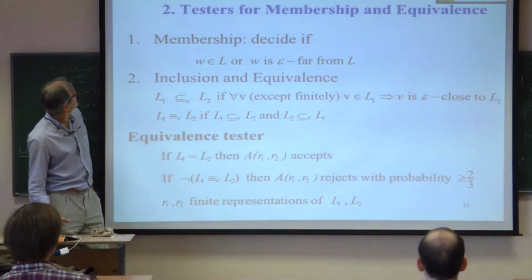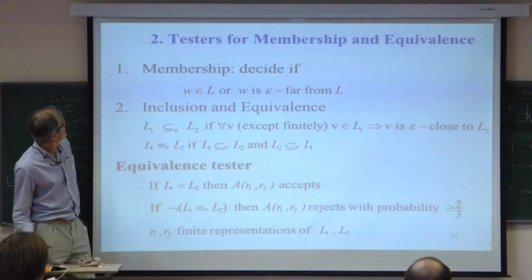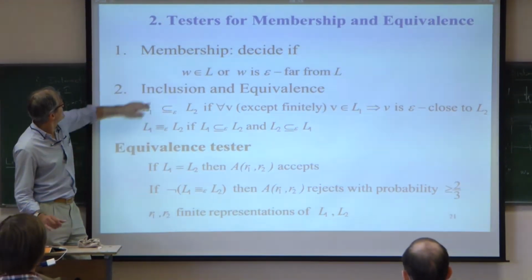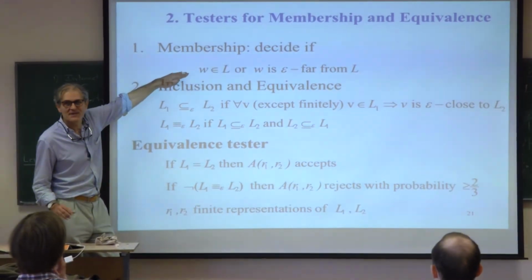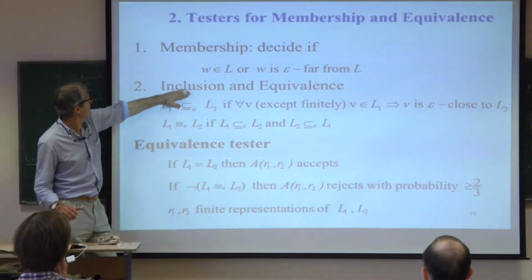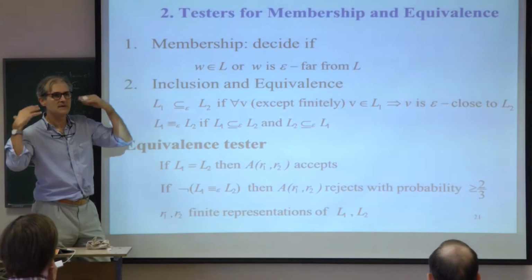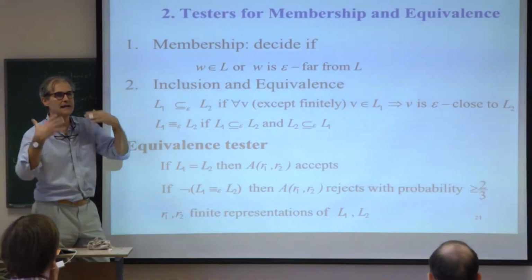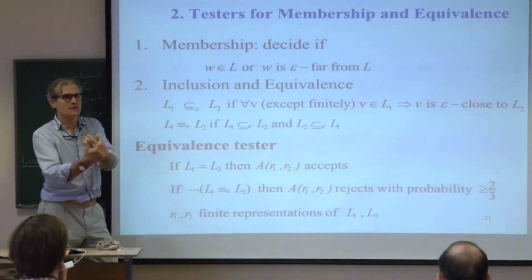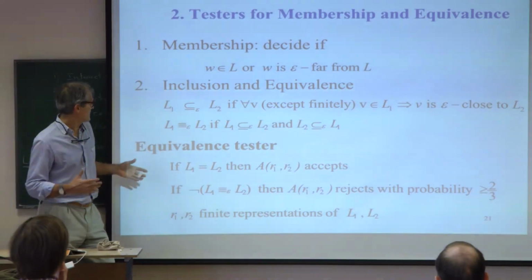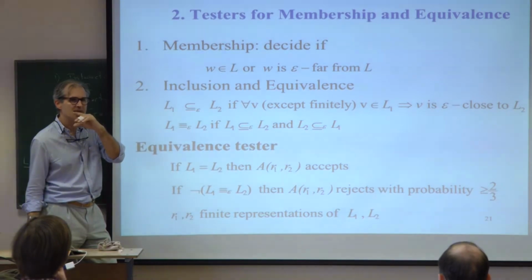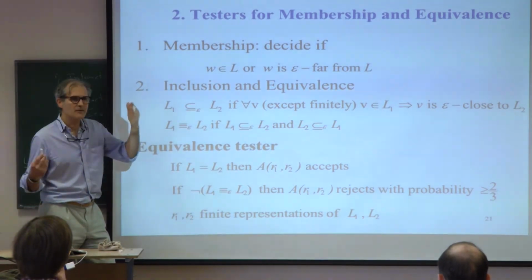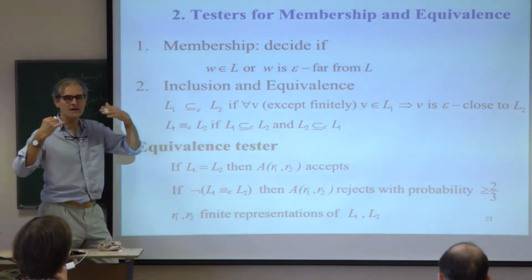All right, so here we are. That's what we're trying to do. So we're trying to do only this, right? The membership tester. Now, once you understand the story, you can do many other things, like, I give you two regular expressions, and I want to know if they're close. And you can eventually do, so you have to imagine that now, instead of regular expressions, you may think of, for example, context-free grammars.